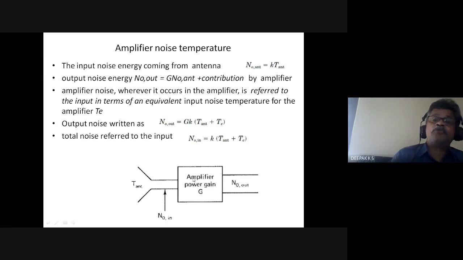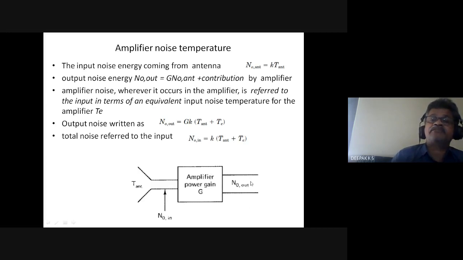Now at the output you have an amplifier with gain G. Now this N naught out is G times N naught antenna. So gain is there for this noise and it comes here as N naught out.